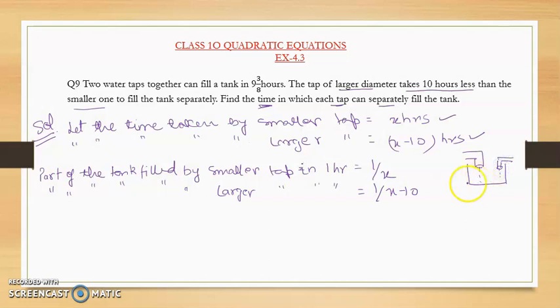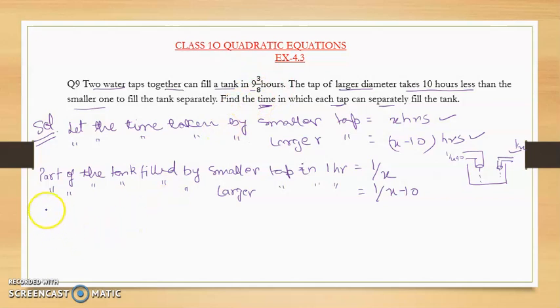The part of the tank filled by the smaller tap will be 1 by x, and the part of the tank filled by the larger tap will be 1 upon x minus 10, an inverse relationship.